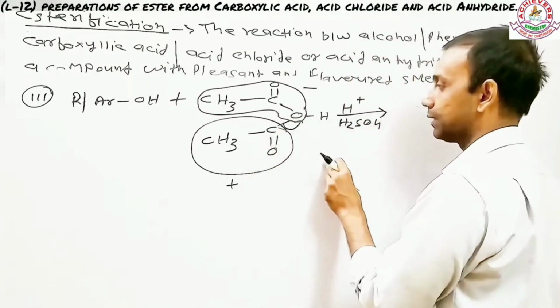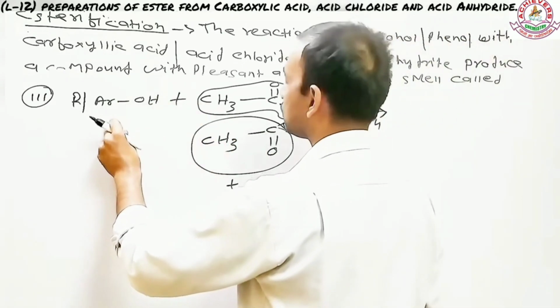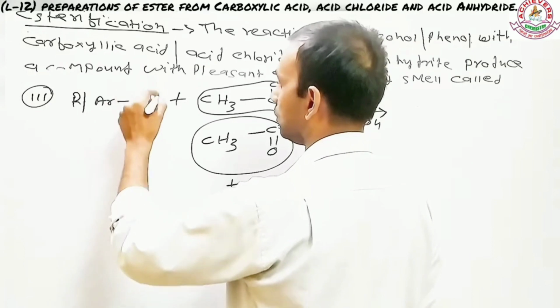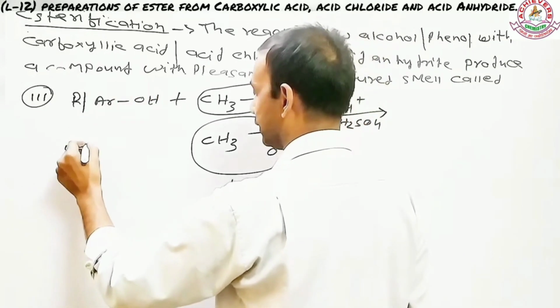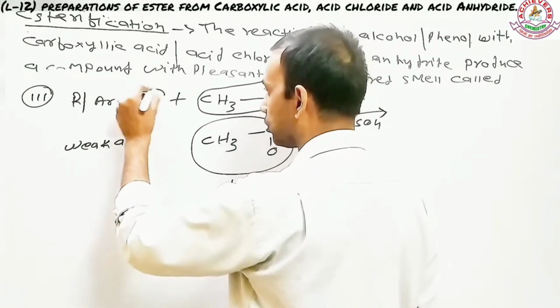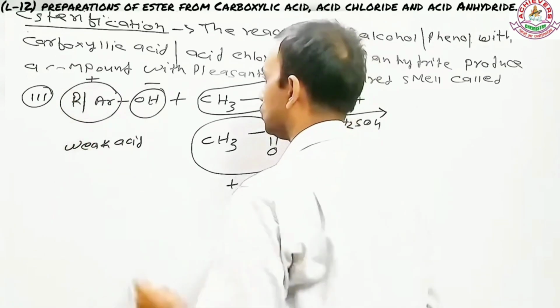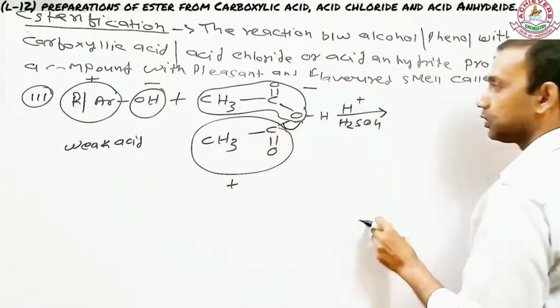There you have actually. What happened here? This one produces. This is a weak acid here. So now if it's weak, you understand that this will produce OH negative and this will become a positive charge. So positive will go with the negative. Positive will go with the negative.